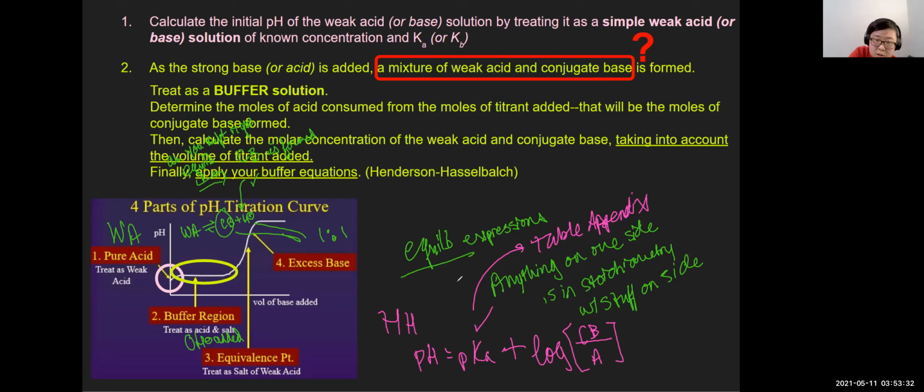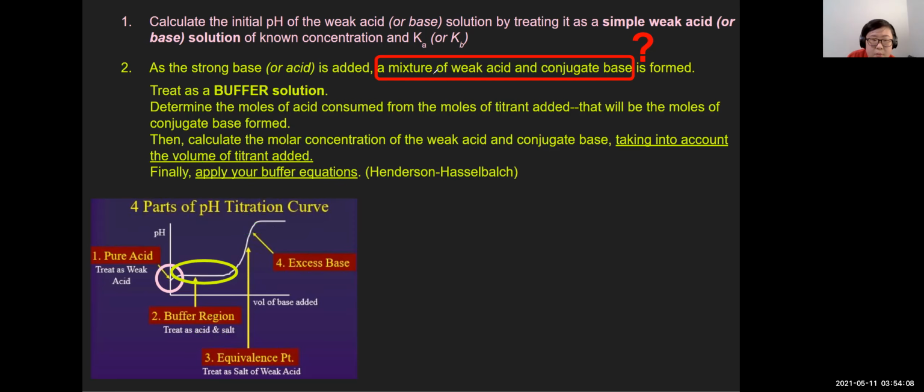There are really three variables here: the pH, the conjugate base concentration, and the acid concentration. There's also the invisible variable of H+, which is related to your conjugate base, because H+ is in a 1-to-1 mole ratio with the conjugate base.